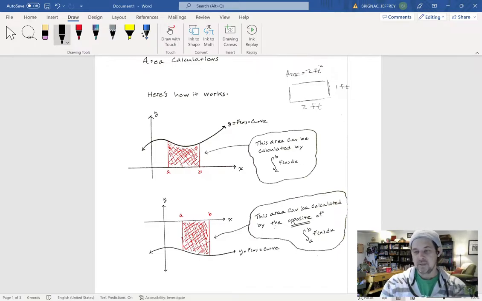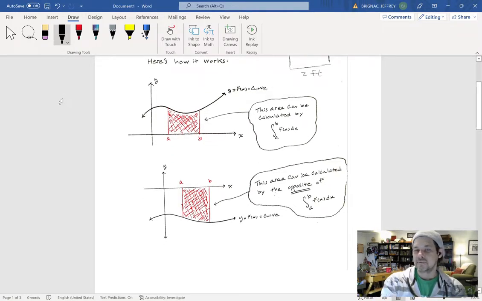Okay, so here are the two scenarios for area in the definite integral. In either scenario, we have a curve, we have a graph. So this refers specifically to graphs. Here I have the y-axis and the x-axis, and in this other one I have the y-axis and the x-axis. I have a curve of some kind, y equals f of x, y equals f of x. And what divides these scenarios apart is that here the curve is above the x-axis from number A over to number B on the x-axis.